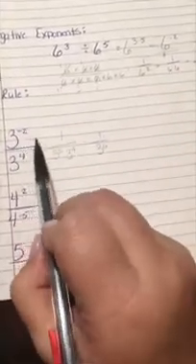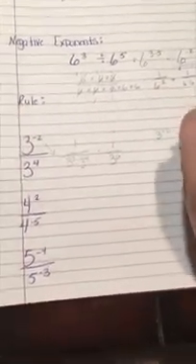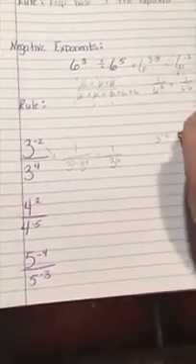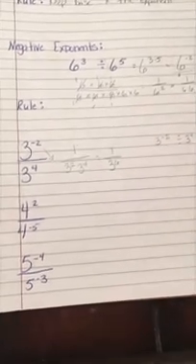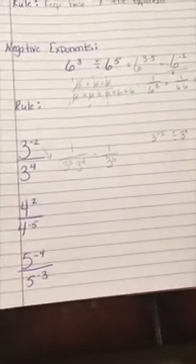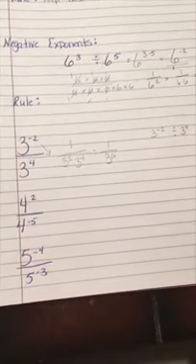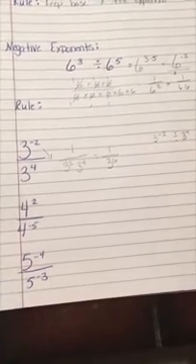Now if you had done that the other way where you just subtracted, you would have had 3 to the negative second divided by 3 to the fourth, and you would have had 3 to the negative second minus 4, which is also 3 to the negative sixth, which you would have turned into 1 over 3 to the sixth power.